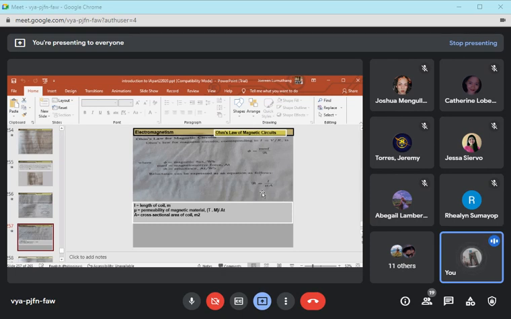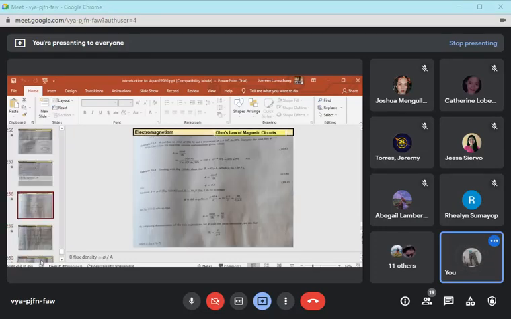Reluctance is the length of the coil over the permeability times the cross-sectional area of the coil. Let's skip to this. These are just formulas.